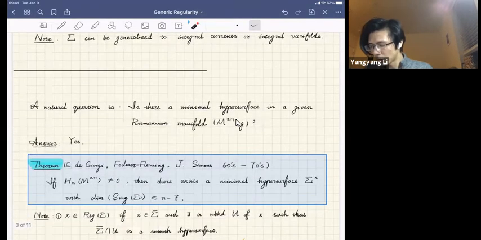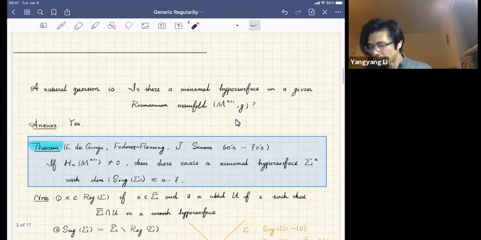So here let's define the singular set. First of all, let's start with the regular part. We say that x is inside the regular part of sigma if x is inside the closure of sigma, and moreover, we can find a neighborhood U of x inside the ambient manifold such that sigma bar intersect with U is a smooth hypersurface.